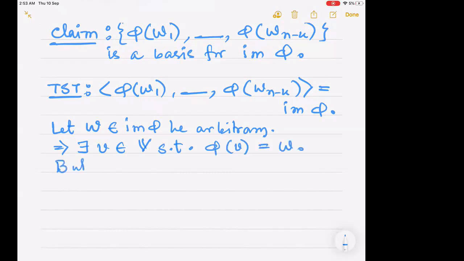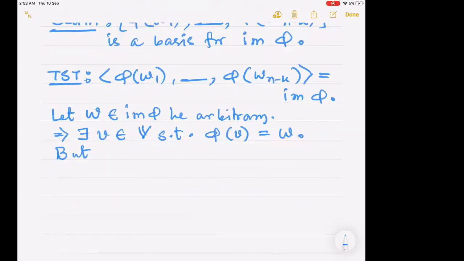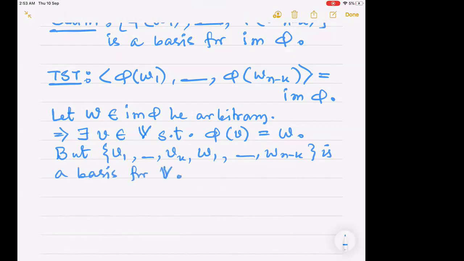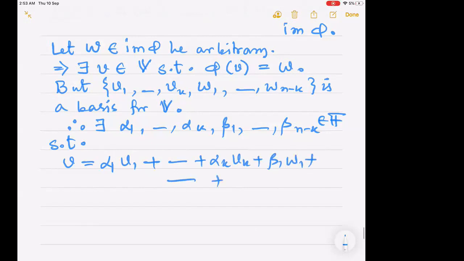But v1 up to vk and then w1 up to wn minus k is a basis for V. So therefore there exist alpha 1 up to alpha k, and beta 1 up to beta n minus k, all in F, such that v is equal to alpha 1 v1 plus up to alpha k vk plus beta 1 w1 plus up to beta n minus k wn minus k. Is that all right?